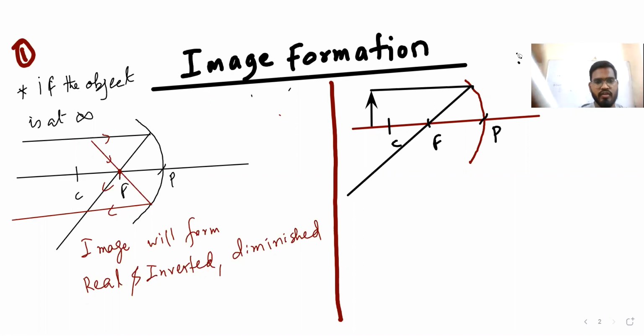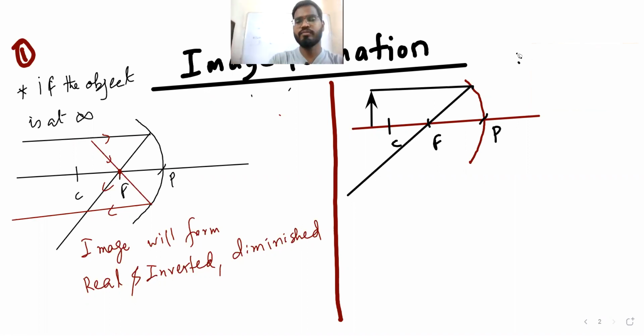Obviously it will pass through focus. Second, a ray of light will pass through the pole, then it will reflect back with the same angle.